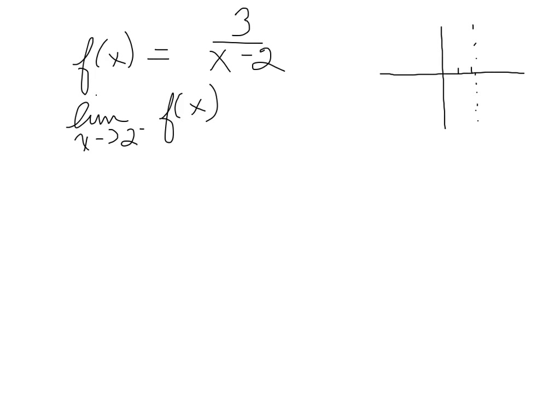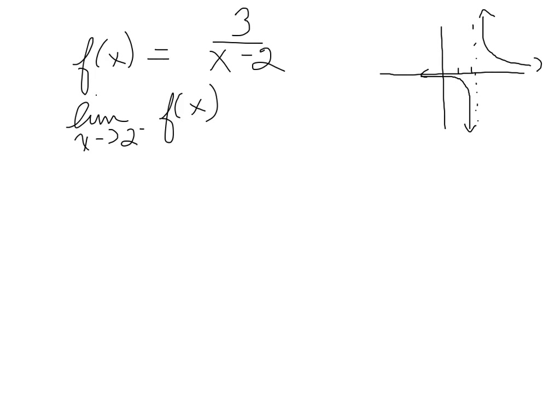The 3 on top is just going to stretch things a little bit. The reciprocal function looks a little bit like this. I'm just sketching it. I know it's not going to be exact, the stretch and everything, but that function is going to look something like that. So, as x approaches 2 from the left, what's happening to the value of the function?